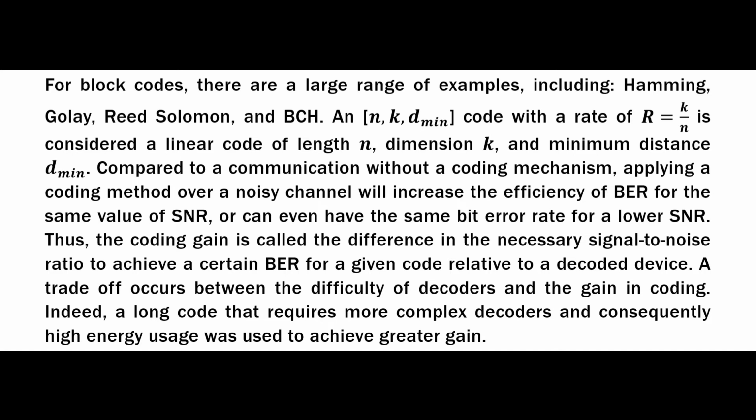The coding gain is the difference in the necessary signal to noise ratio to achieve a certain BER for a given code relative to uncoded devices. The trade-off occurs between the complexity of the decoder and the gain in coding. Indeed, a long code requires a more complex decoder and consequently high energy usage when used to achieve the greater gain.